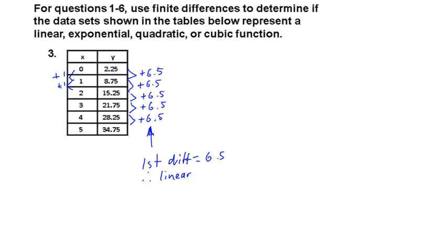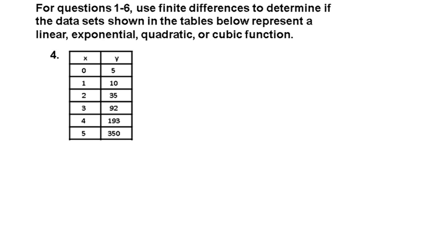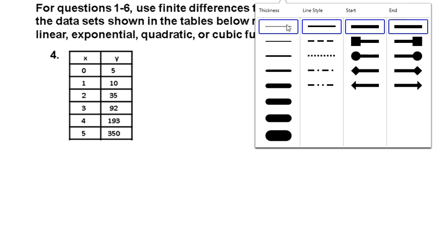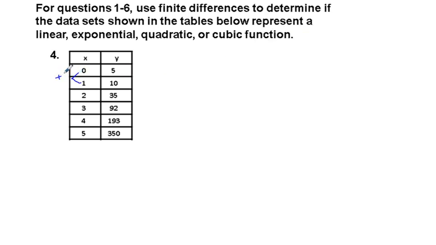Now, instead of going to the next odd number problem 5, I'm going to go to problem 4, and it's going to be apparent shortly, I hope. On the left side, we're going up plus 1 every time. Now on the right side, 10 minus 5 is going to be plus 5. Then we have 35 minus 10, which is plus 25.